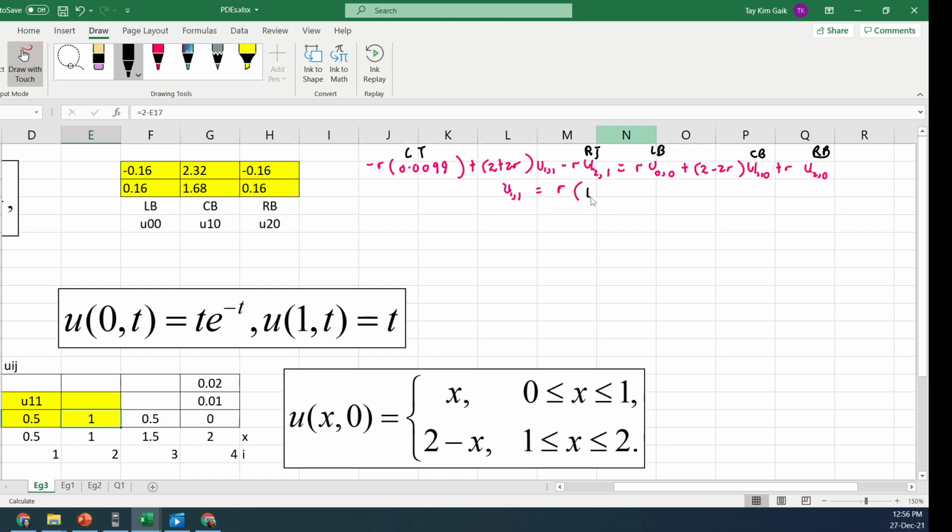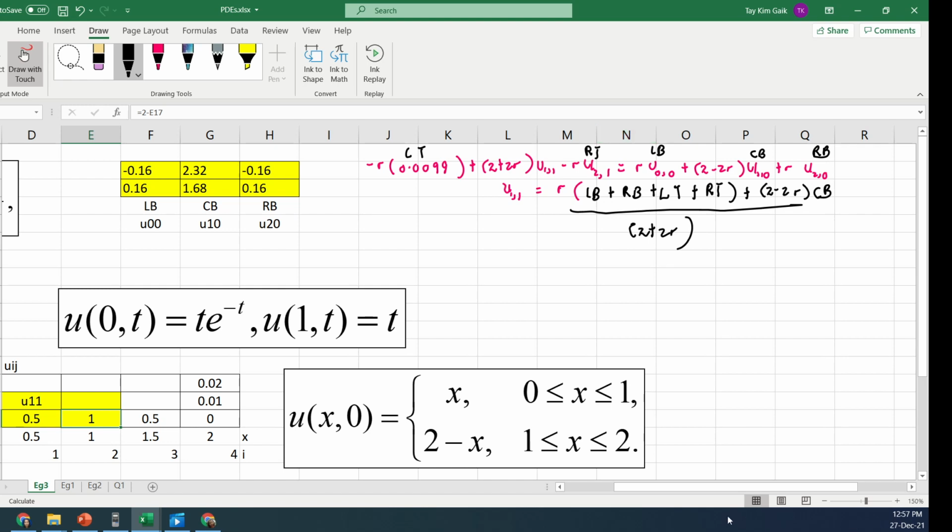So U11 is r times left bottom plus right bottom plus left top plus right top, plus 2 minus 2r times center bottom, divided by 2 plus 2r.